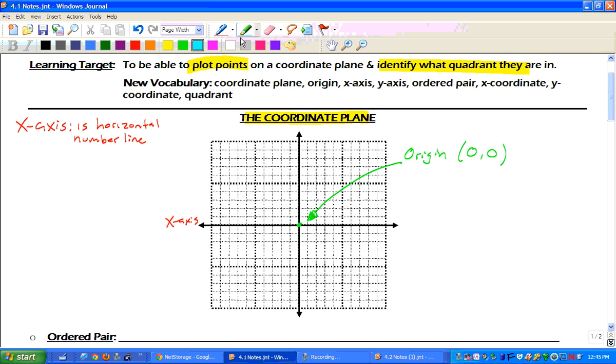Okay, that's the one that's just going across like that. Our next one is the y-axis, and that's this guy right here, and that guy goes up and down. So the y-axis is the vertical number line.